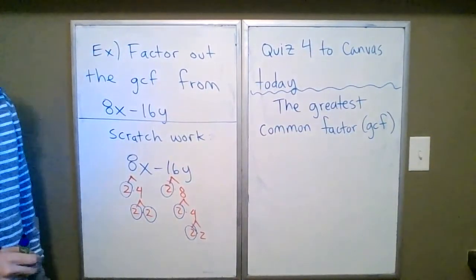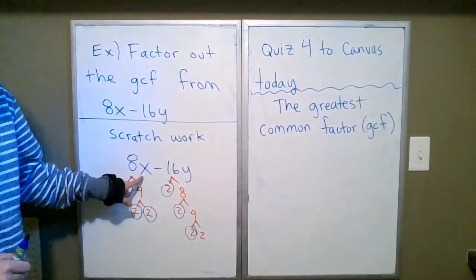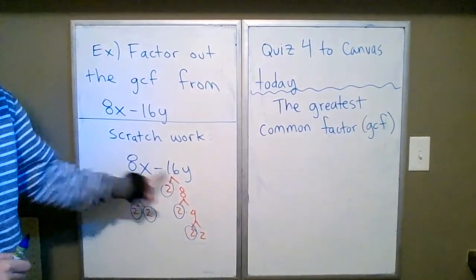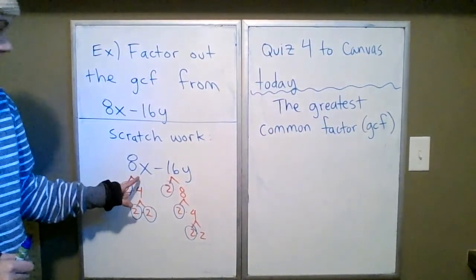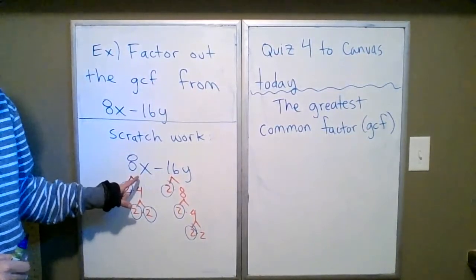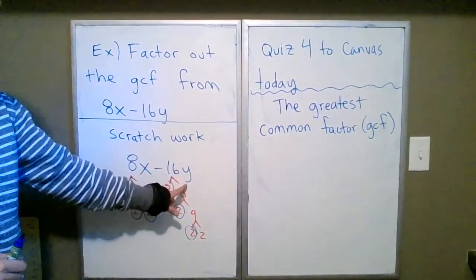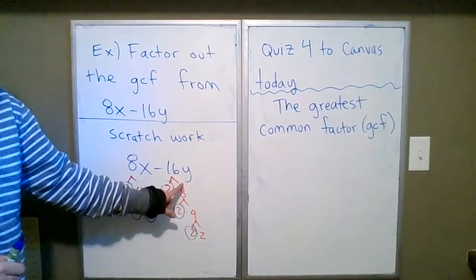With the variable x, it is not common to both terms. There's only an x in the first term. So we're not even going to use x. And as far as y goes, y is not common to both terms. It's only in the second term.